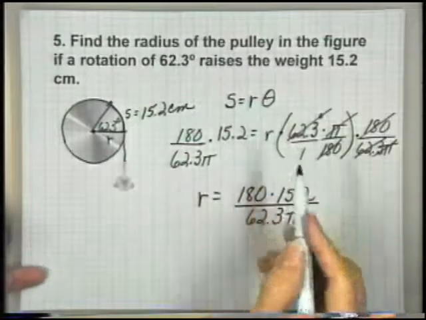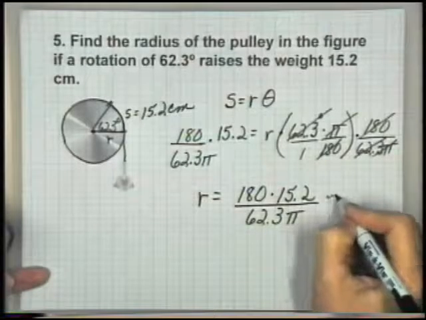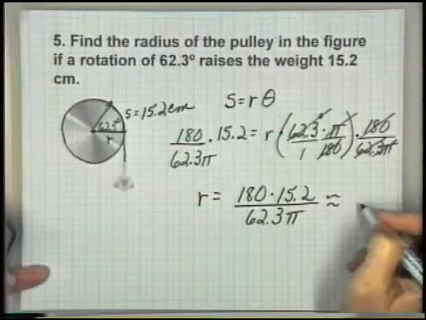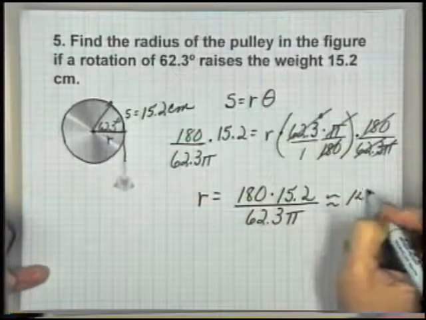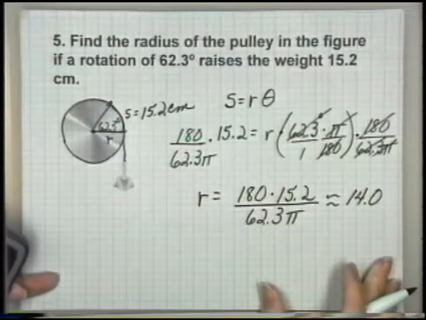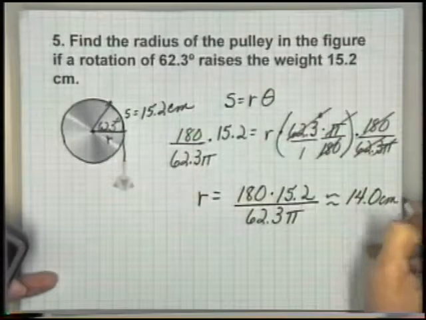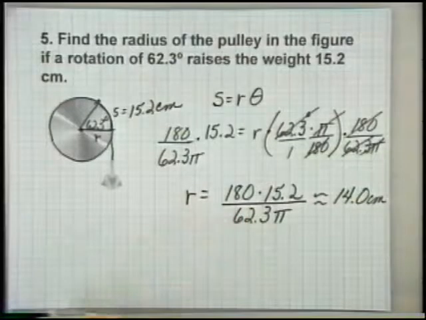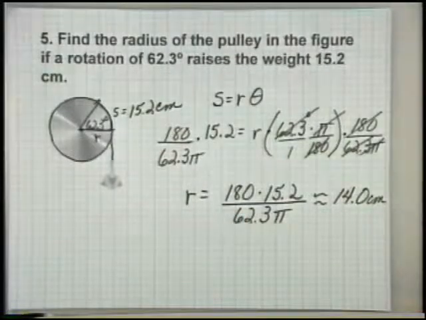And I need to round to 3 significant digits, and so when I do, on my calculator I get 13.97, but when I round it's 14.0, and of course that would be centimeters because the arc length and the radius will have the same measurements.